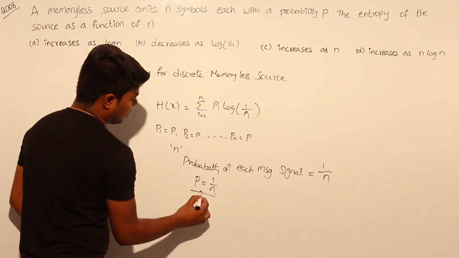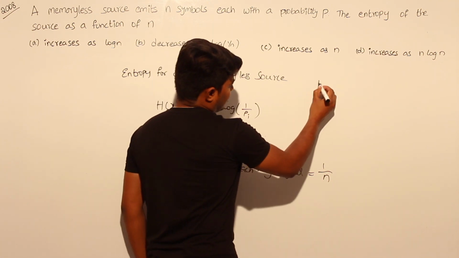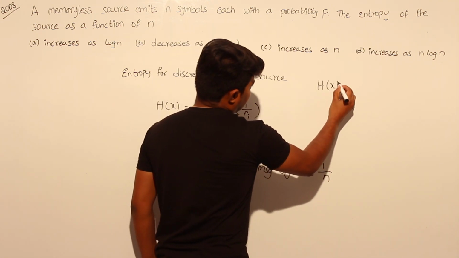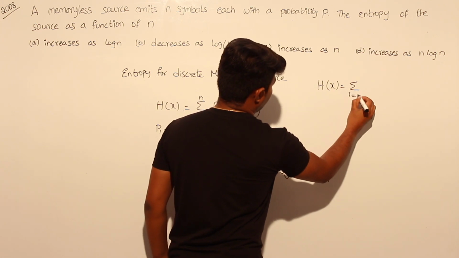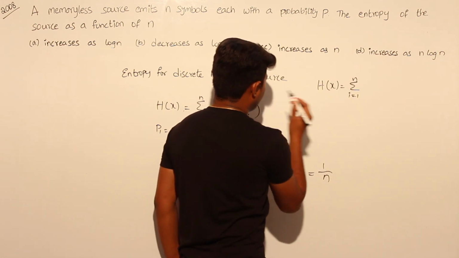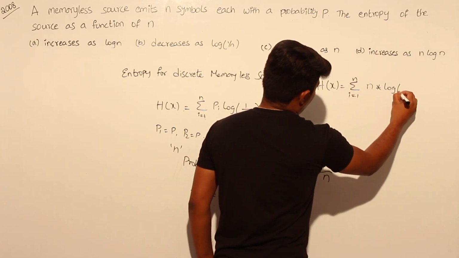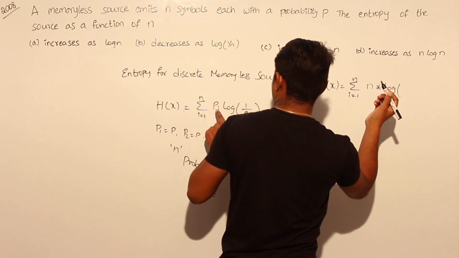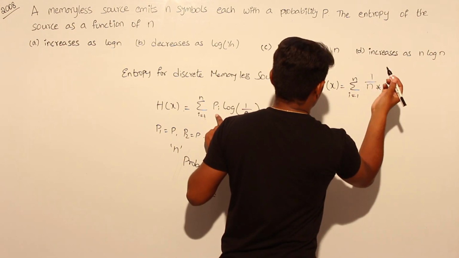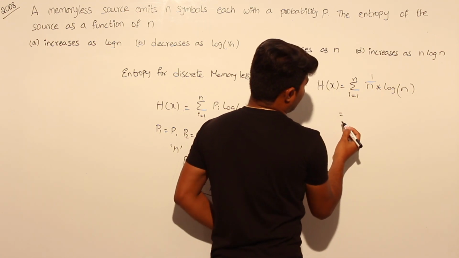Substitute this p equal to 1 by n in the above entropy. Now we will get H of x equal to sigma i equal to 1 to n, in place of p you substitute 1 by n, into log of n.